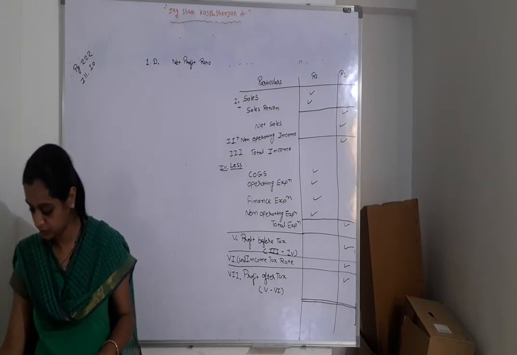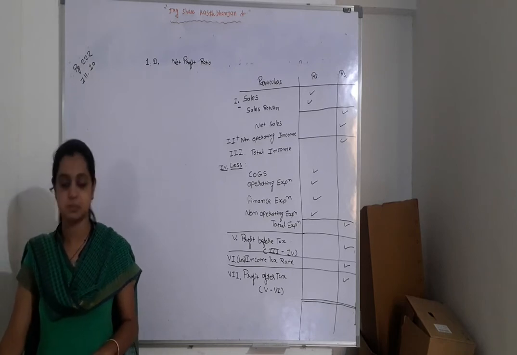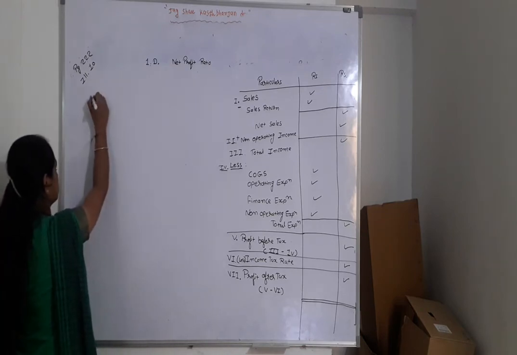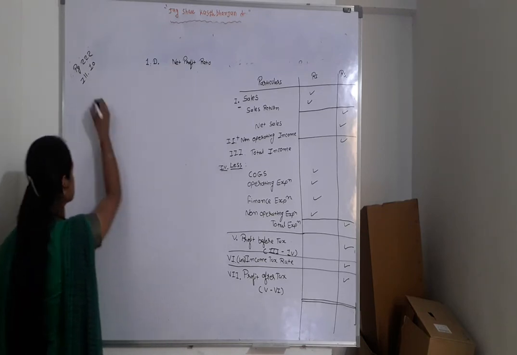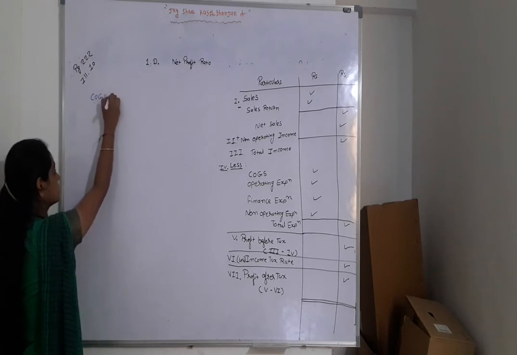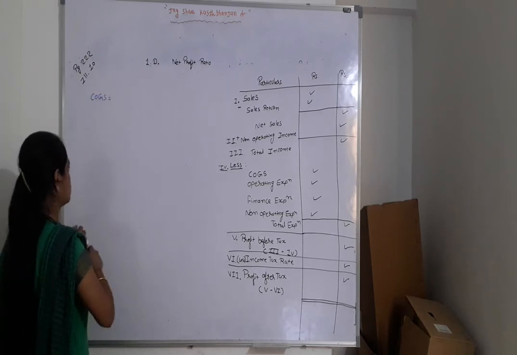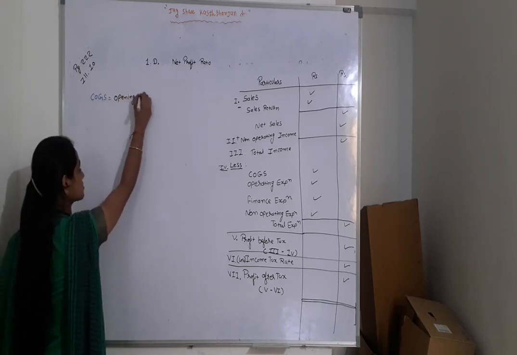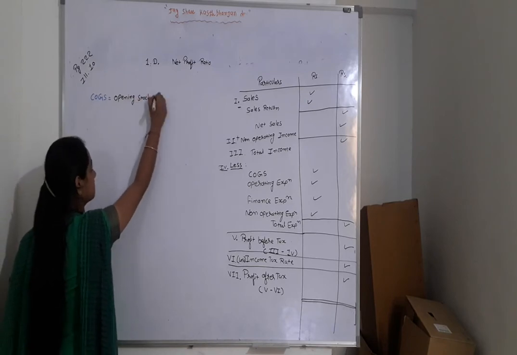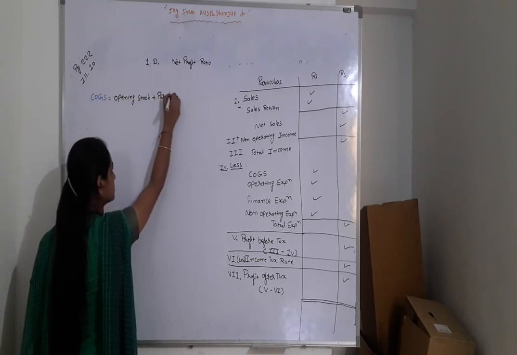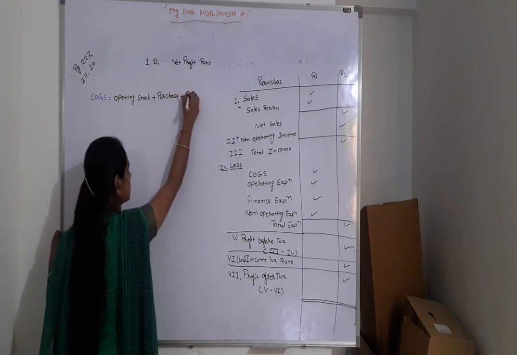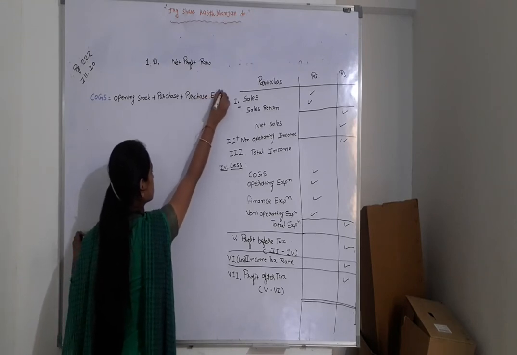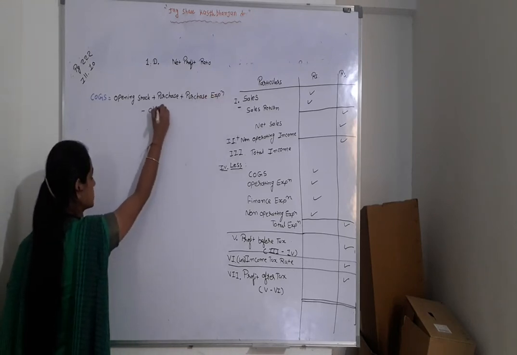So, first of all, they have given opening stock, purchase expense and closing stock. That means we'll first of all find COGS. COGS is equal to opening stock plus purchase plus purchase expense minus closing stock.